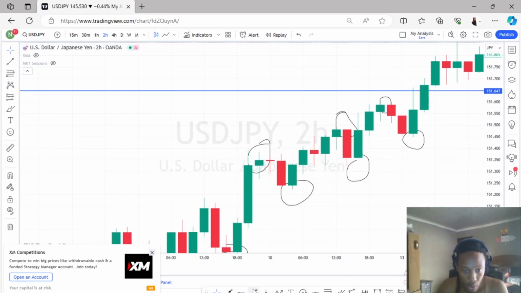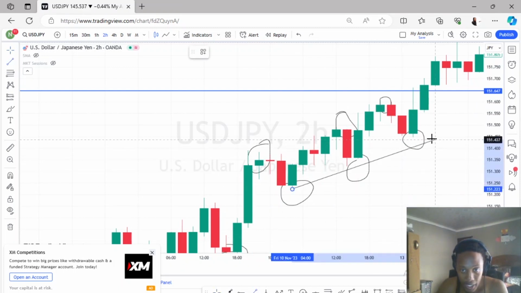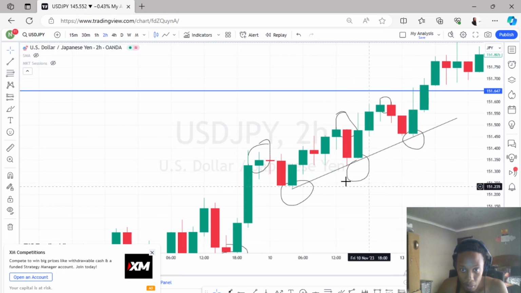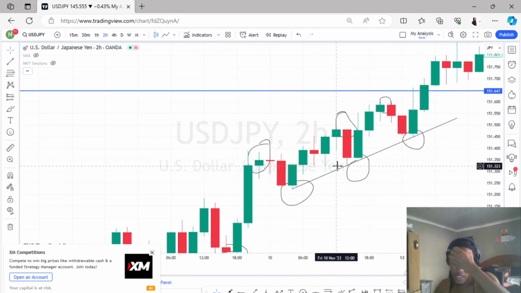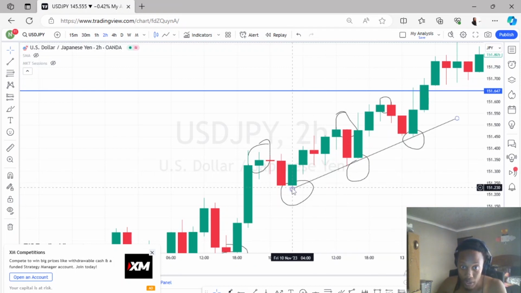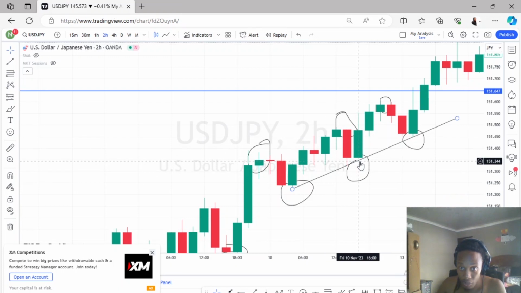You can also draw your trend line like this, so you can see overall it's trending up, focusing on the two previous higher lows. This was once our higher low, and this is the previous higher low, right?